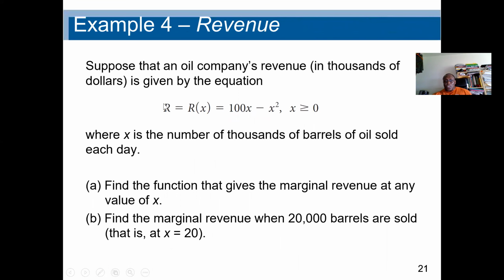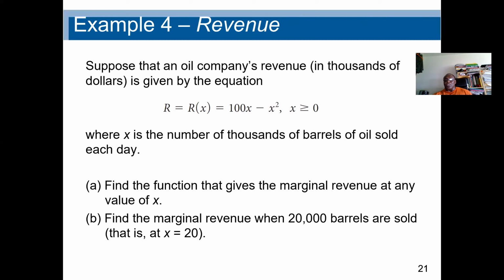So a question is given here. Suppose that an oil company's revenue in thousands of dollars is given by the equation R of x equal to 100x minus x squared when x is greater than or equal to 0, where x is the number of thousands of barrels of oil sold each day. The question says, find a function that gives the marginal revenue at any value of x.